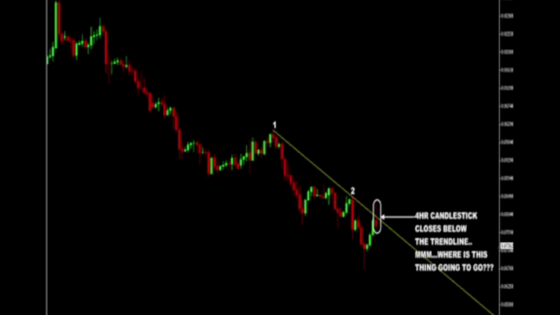The opposite is also true for a downward trend line. Generally, a 1 hour close above or below a trend line has more significance than closes on other time frames.